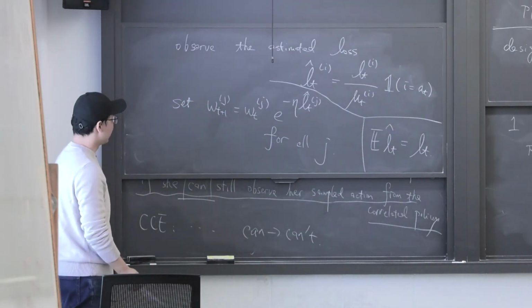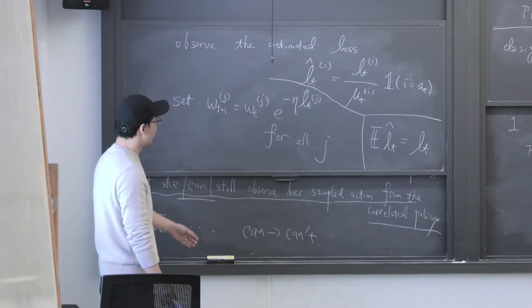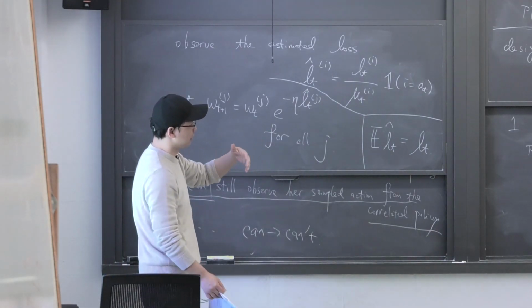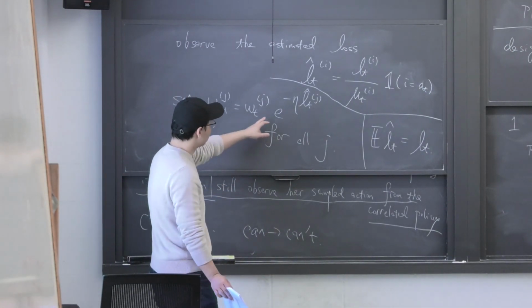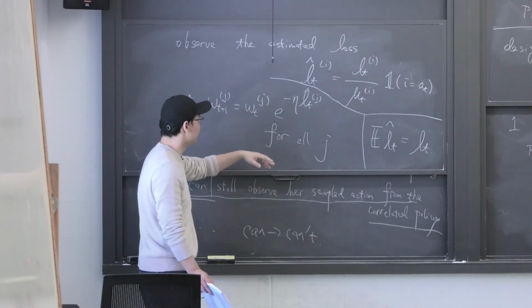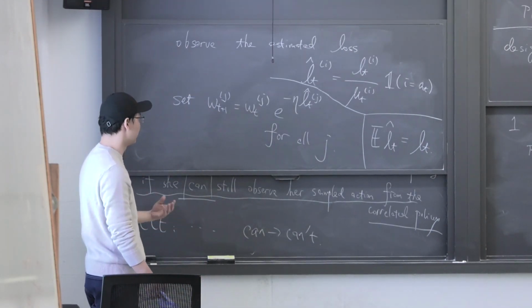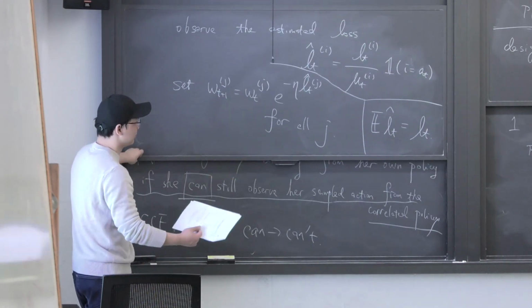So the key update is essentially the so-called multiplicative weights update. Every time, this weight is related to the probability of how much I'm going to play the action. So if the loss is large, I'm going to shrink this weight a lot. If the loss is small, I won't shrink this weight much. And this is basically the whole intuition about this algorithm.